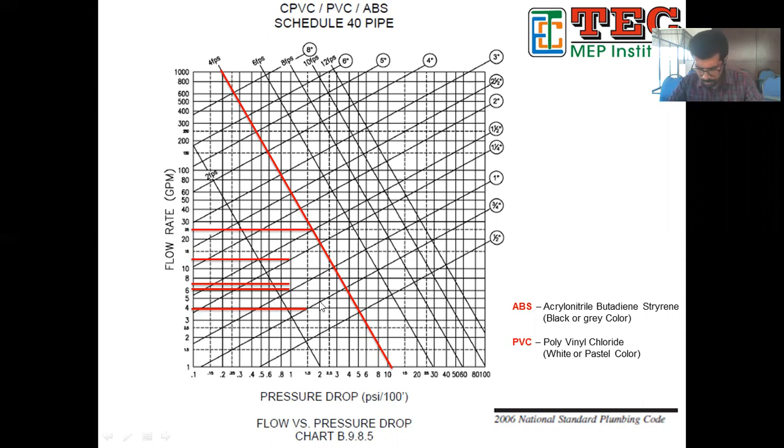Okay, it is touching somewhere here. But you know that this is not the line. It will be coming somewhere here only, right? So 4.5 means somewhere here.